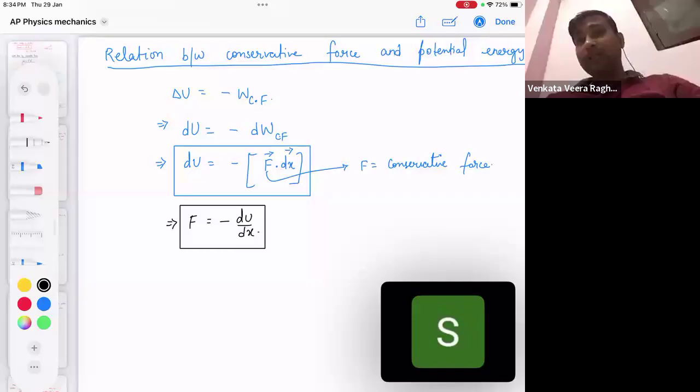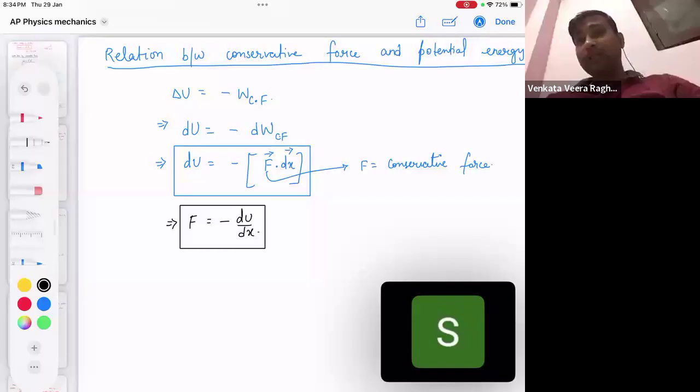Or sometimes potential energy is given to us, then by differentiating the potential energy we can get the value of the force. If energy is given as a function of x, we do dU by dx. If it is a function of y, dU by dy. Sometimes potential energy may be a function of x, y, z, with all three variables involved.